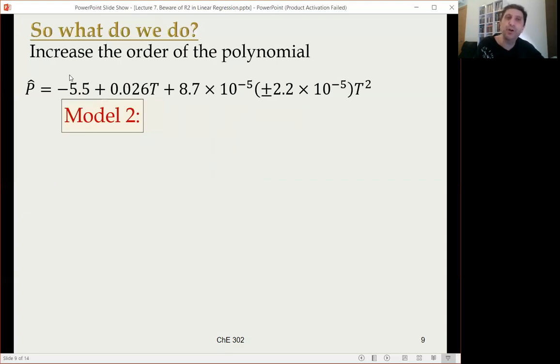When you do that, you have beta 0, beta 1 times t, beta 2 times t squared. I have also put here the 95% confidence interval values for beta 2, or beta 1, whatever you would like to call it. This shows that it is quite possibly different from 0.